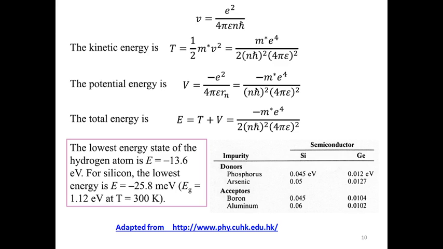Because already by using Bohr's atomic model, we calculated the lowest energy state of the hydrogen atom, and that energy value E is equal to minus 13.6 electron volt.